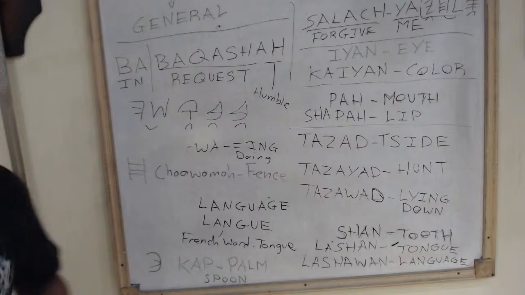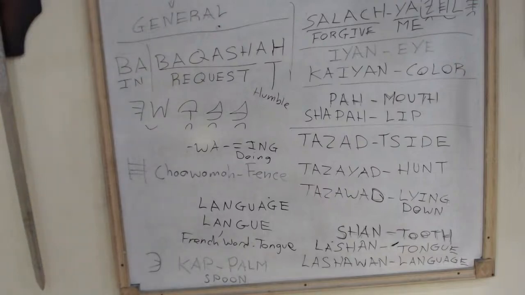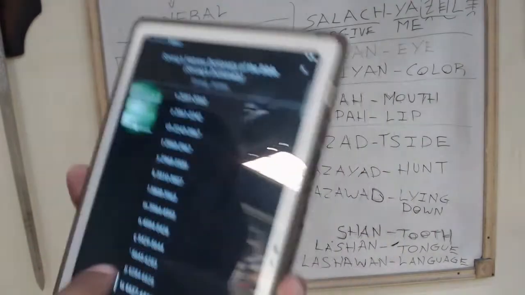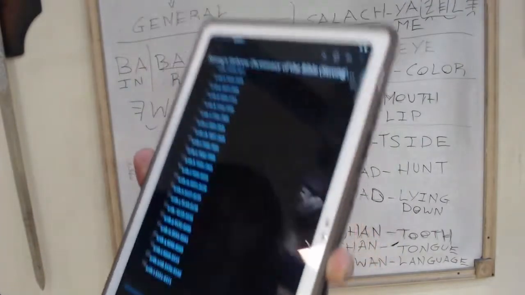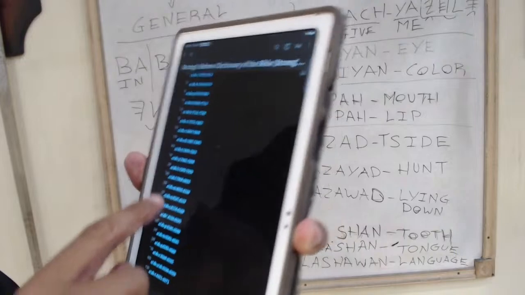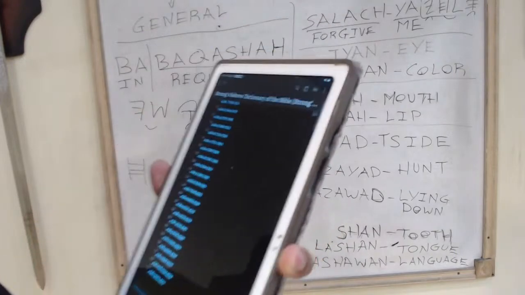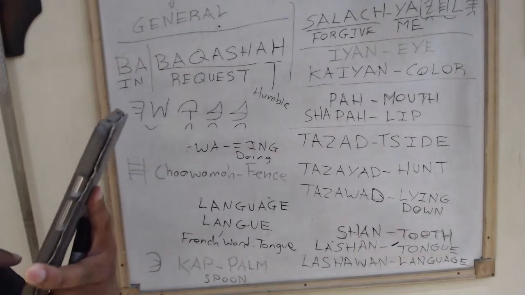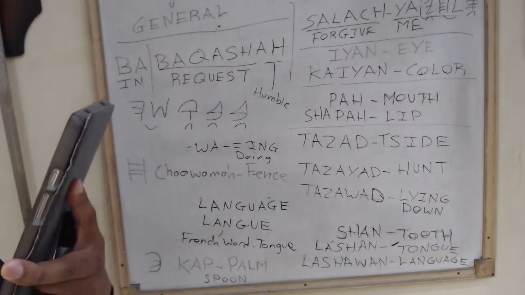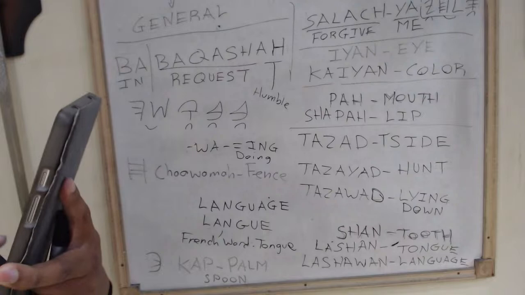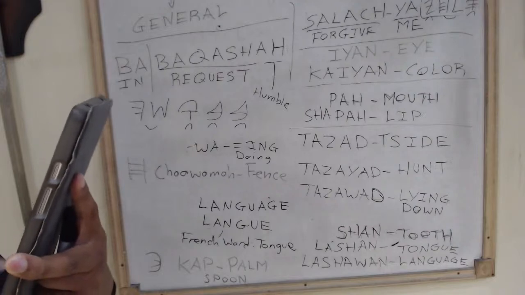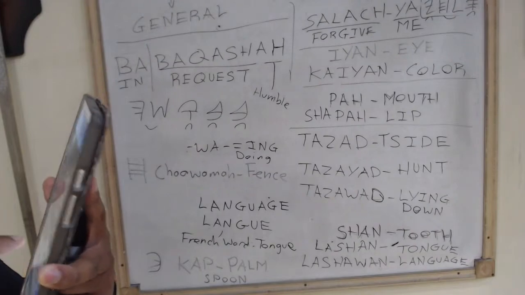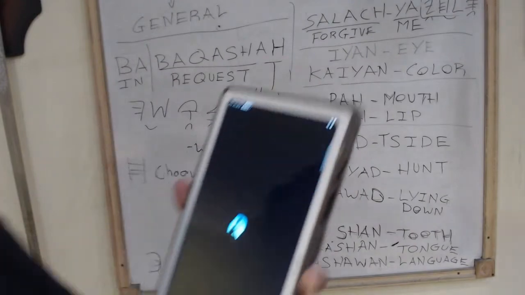Do we want to look it up in the concordance? Yeah, why not? Let's look it up in the concordance, see if there'll be any placement for a shawan. Okay, this power save setting is killing me. I can't even read what's going on here. Okay, let's try this again.